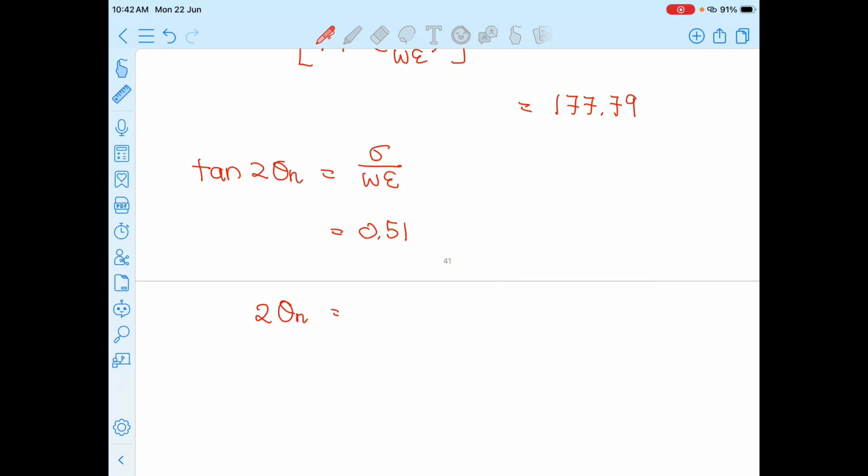The arc tangent of 0.51 is equal to 27.02, and this is divided by 2, so you have 13.51.